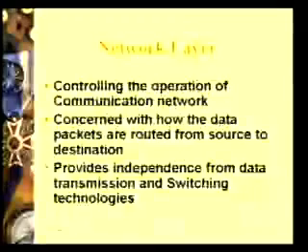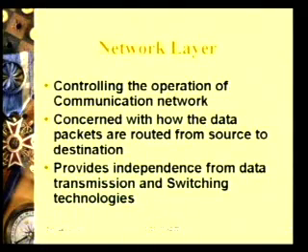Well, the network layer is basically for controlling the operation of the communication network, which includes all the intermediate nodes, all the intermediate computers which are part of the computer subnet or computer network. It is concerned with how the data packets are routed from source to destination through various intermediate nodes in between.